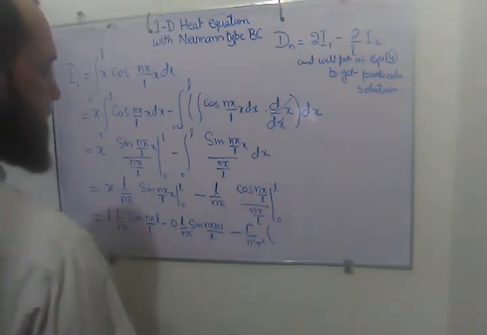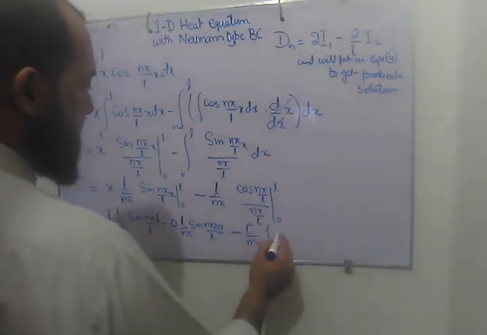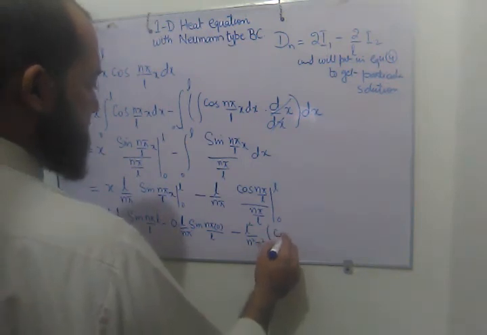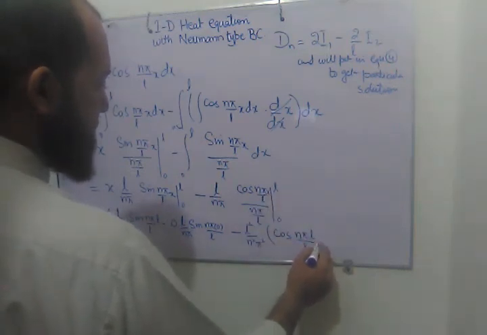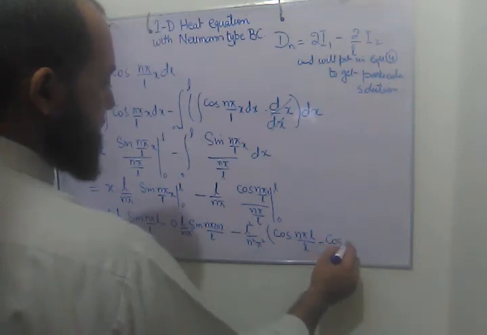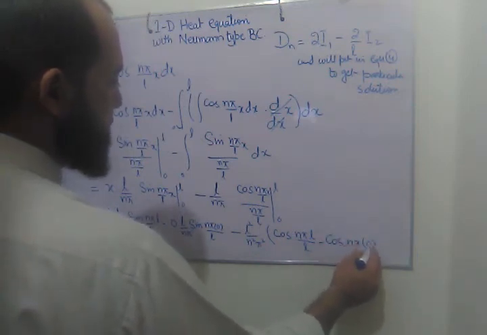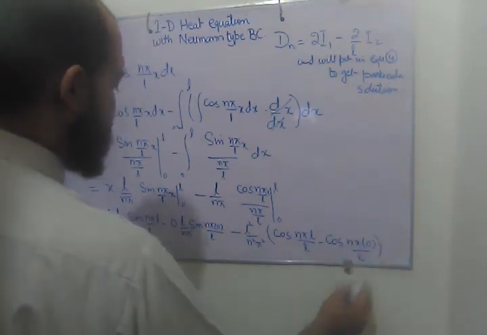Then we apply the upper limit minus lower limit, it will become cos n pi L upon L minus cos n pi 0 upon L.